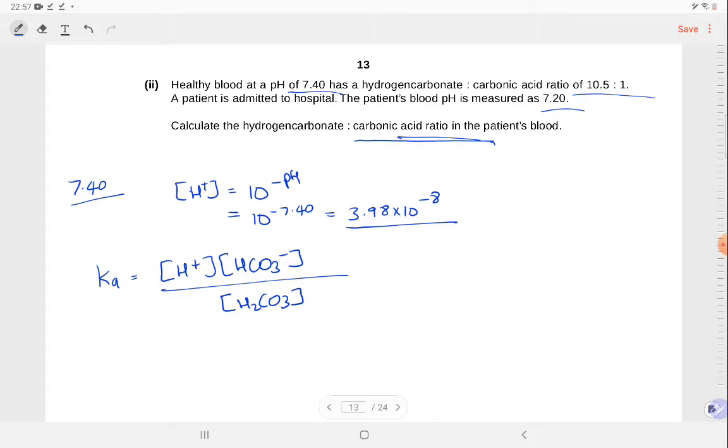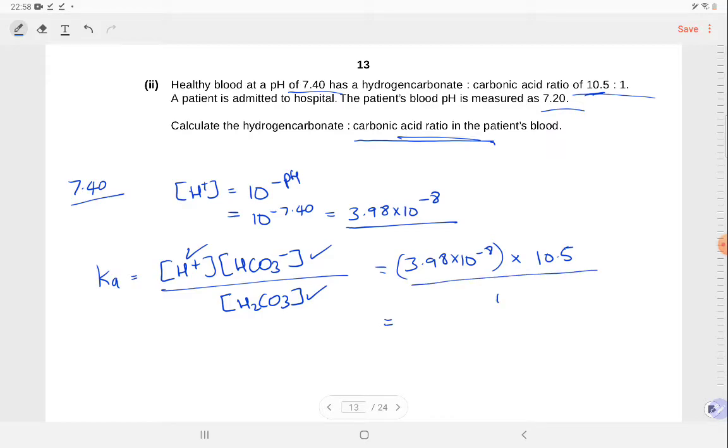We worked out the H+, and they've given you the ratio for the hydrogen carbonate and the carbonic acid. So essentially, you've got everything already to work out what Ka is. Just plug in all the numbers. So 3.98 times 10 to the power of minus 8, times 10.5, I believe, which was the ratio, all divided by 1.